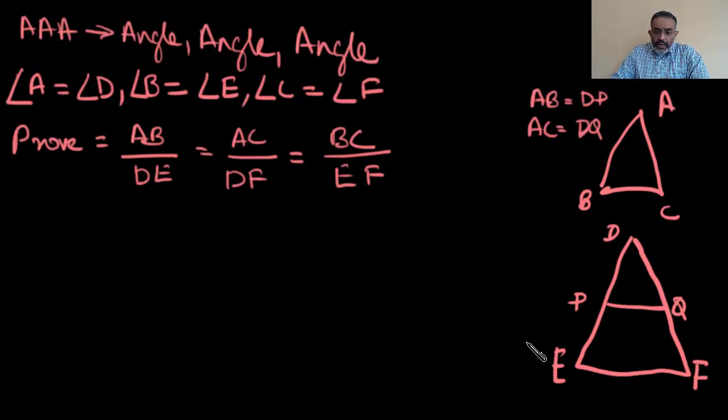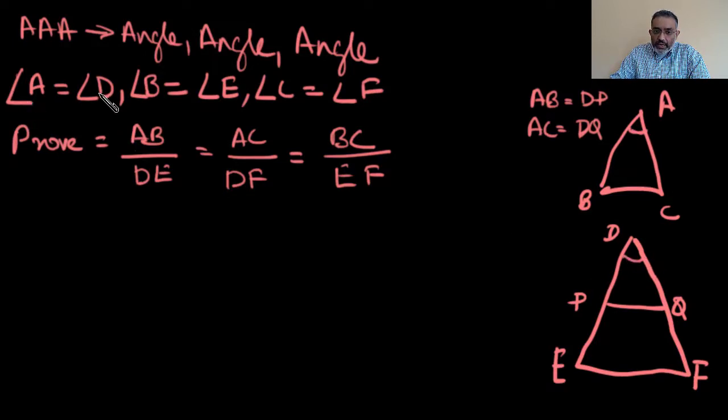Now, how do we think about the solution or the proof of this one? What we need to think about is the small triangle DPQ and ABC. We can prove that they are congruent. Why? Because this angle is equal to this angle.